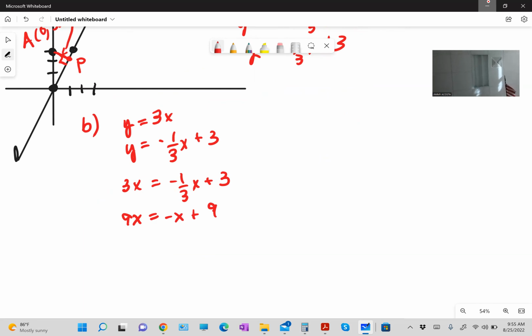Why did I do that and not just add 1/3? Because I didn't want to work with fractions.